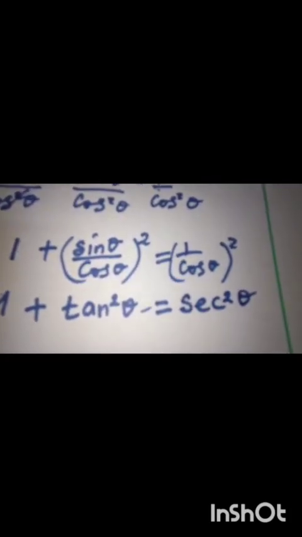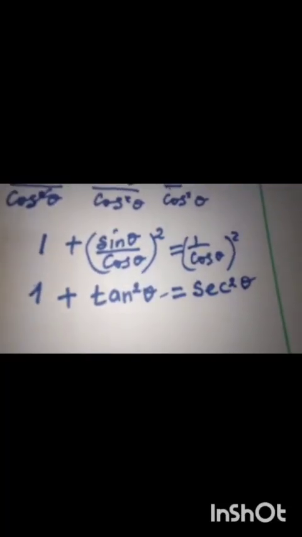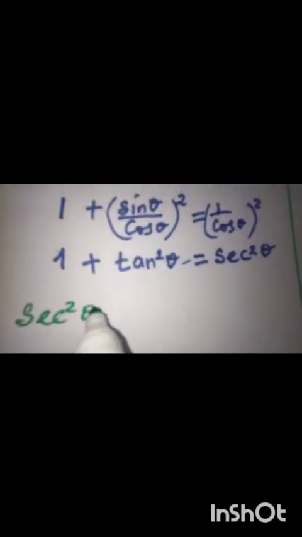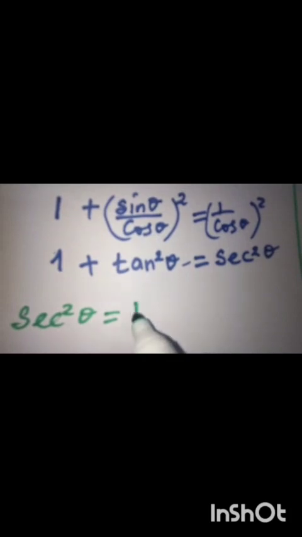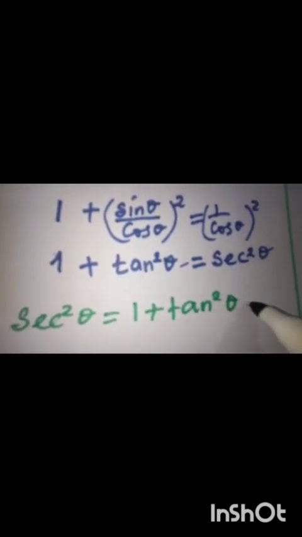So our second Pythagorean identity is secant squared theta equals 1 plus tan squared theta. That's our equation 2.